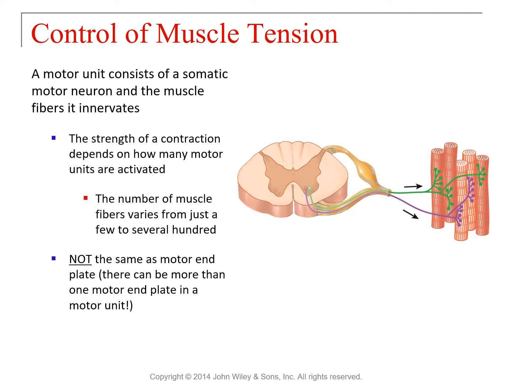A motor unit, on the other hand, is one motor neuron and the muscle fibers that it innervates. As you can see here, even if you're just touching one neuron, there can be multiple motor end plates in one muscle fiber, much less several hundred muscle fibers.